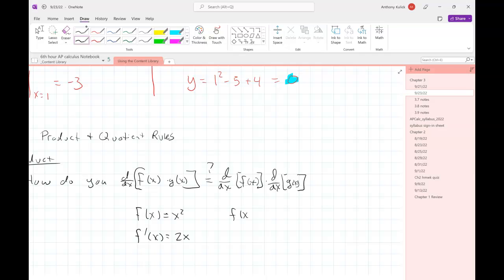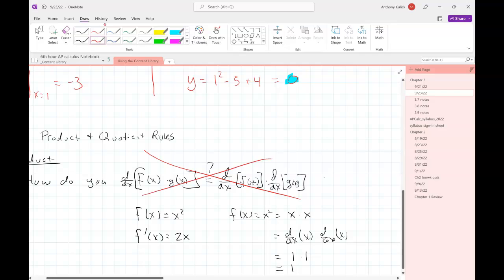What if I think about x squared as instead x times x, and I try to do the rule from above? That doesn't work. So nice try.